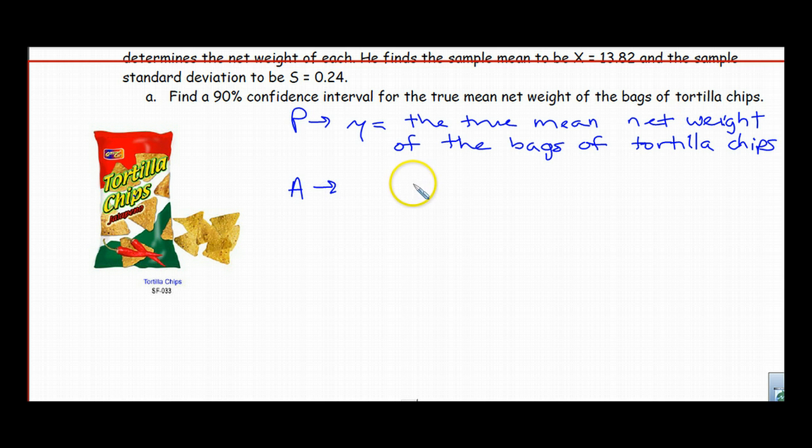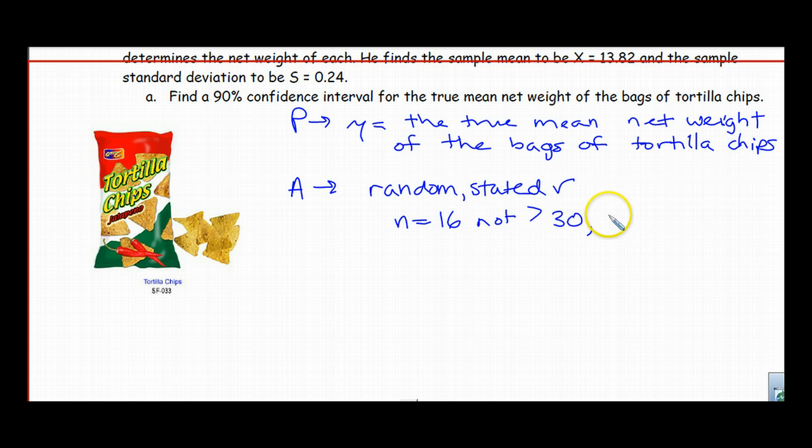All right, my assumptions. It did say it was random. So random was stated. N equals 16, which is not greater than 30. But it did say that the population is normally distributed.